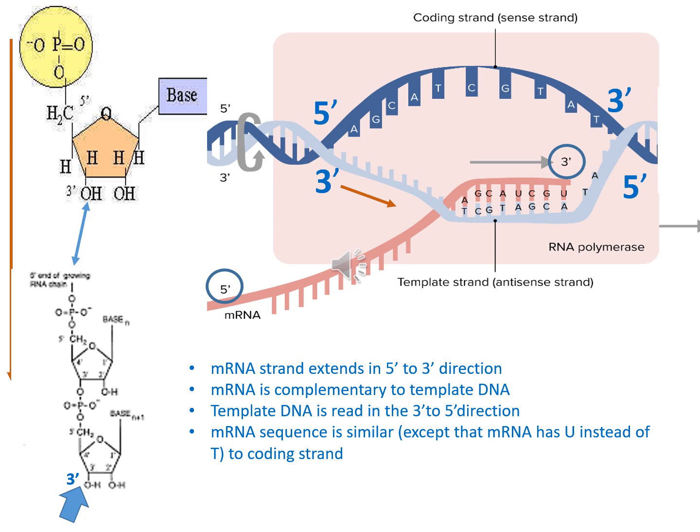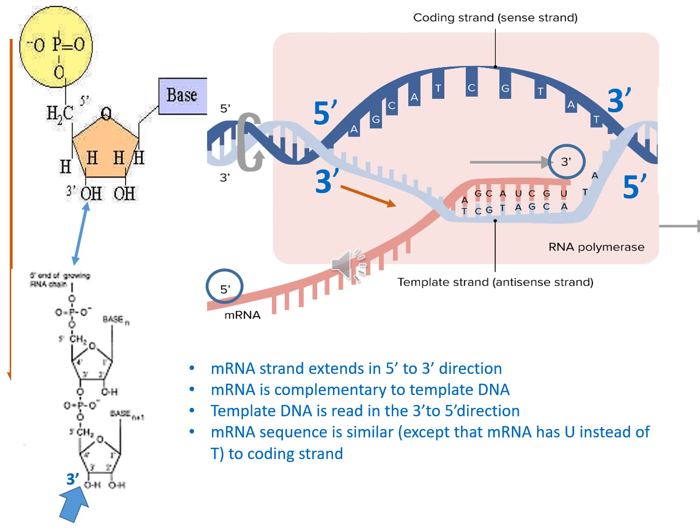So the phosphodiester bonds between the nucleotides are built between the 3rd carbon and the 5th carbon. So this strand extends in the 5 to 3 direction. New nucleotides are added to the 3' end. Therefore, mRNA extends in the 5 to 3 direction.